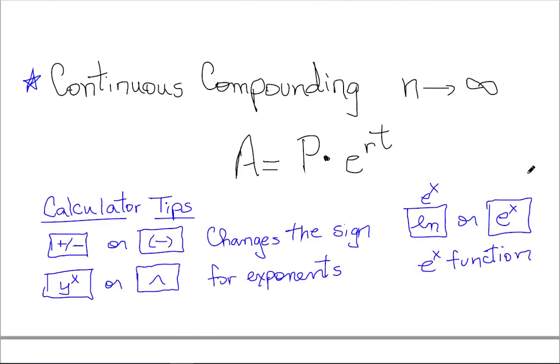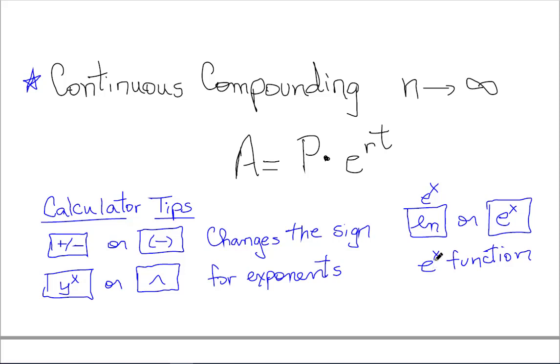Some tips for our calculator. You can use this key that has a plus/minus, or a key that looks like a parenthesis with a minus in the middle, and that'll change the sign of something from plus to minus. If we need an exponent, exponents look like either y to the x or this upward pointing caret for exponents.